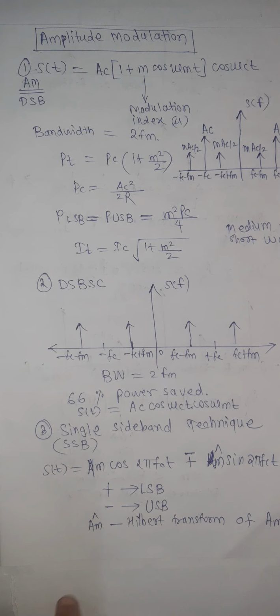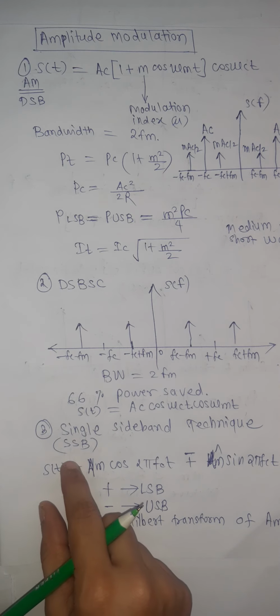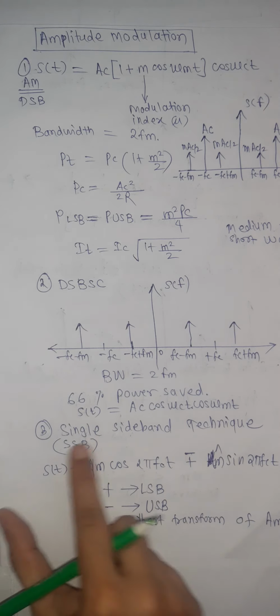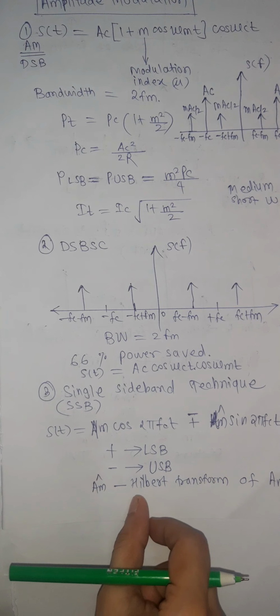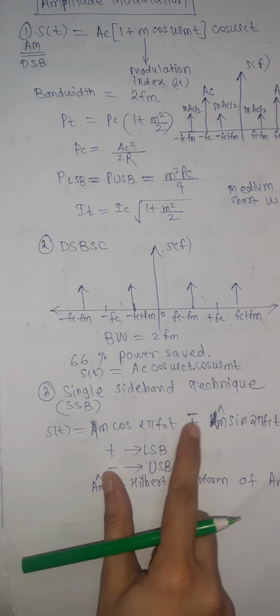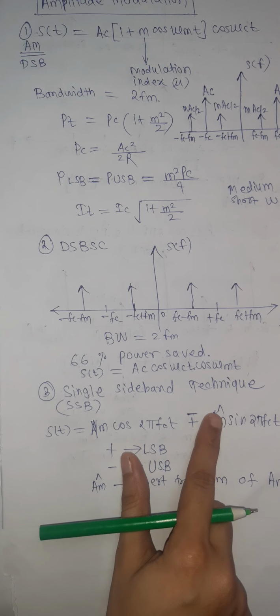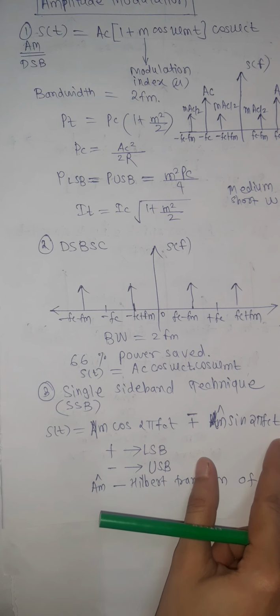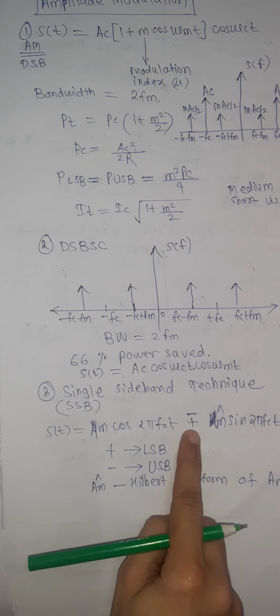Now the third important amplitude modulation type is the single sideband technique, that is SSB. It uses the Hilbert transform. S of t is equal to Am cos of 2 pi fc t minus or plus Am Hilbert transform sin 2 pi fc t, where the positive sign indicates LSB.